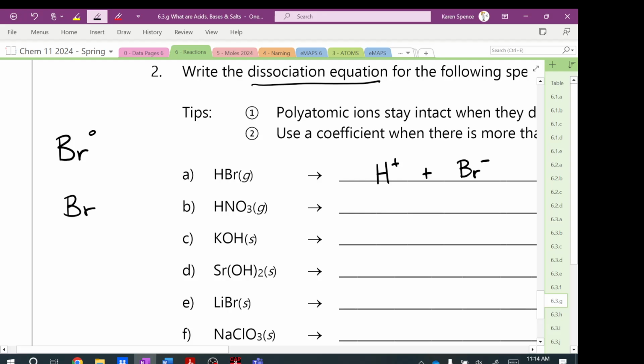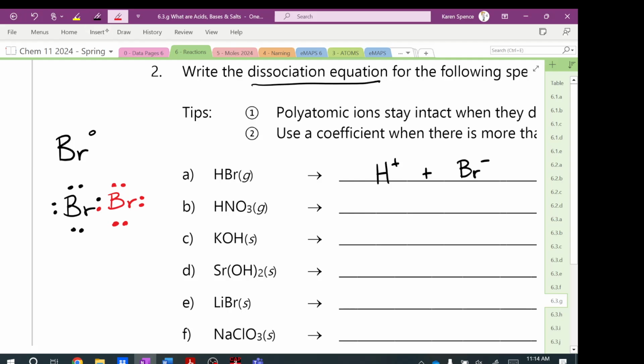So its outer shell contains 1, 2, 3, 4, 5, 6, 7 electrons. It's in group 17, okay? Is that stable? No. It wants to have a full shell. So what it will do is it will pair up with another bromine to fill its shell.